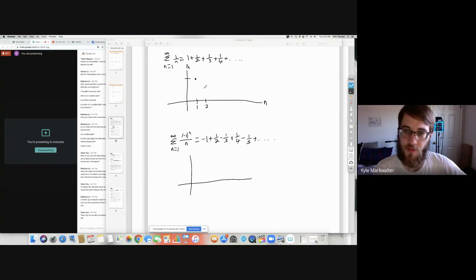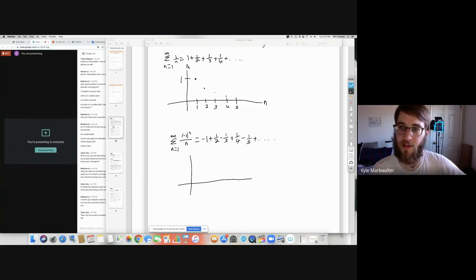When n was 2, our term was half. When n was 3, it was 1/3. When n was 4, 1/4. And we get a sequence, if we plotted it, that looks something like this, right? It's decreasing as n increases.